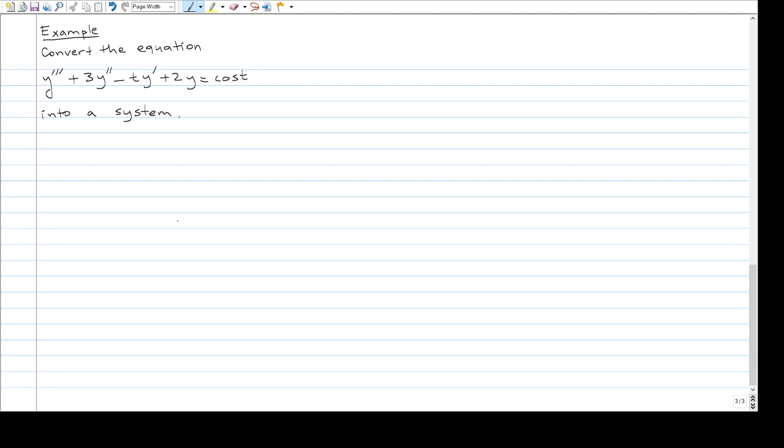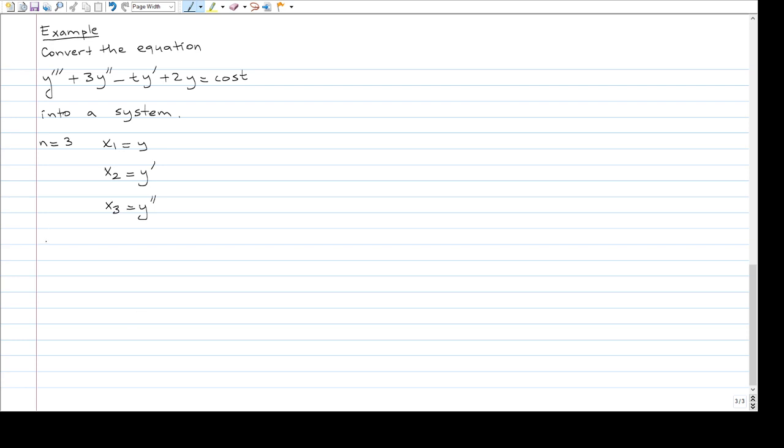So this is a third order equation, n equals 3. So we are going to have 3 variables. We have x1, which is y, and then x2, which is derivative of y, and x3, which is the second derivative of y.